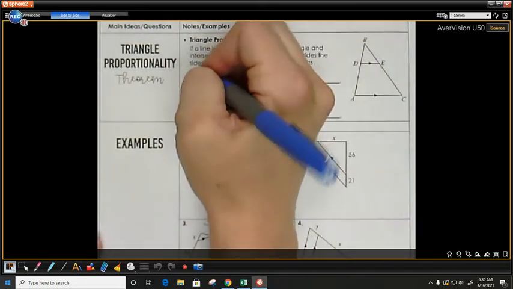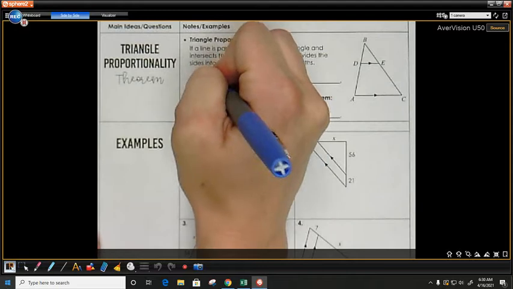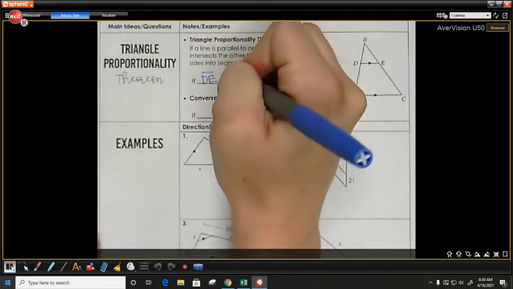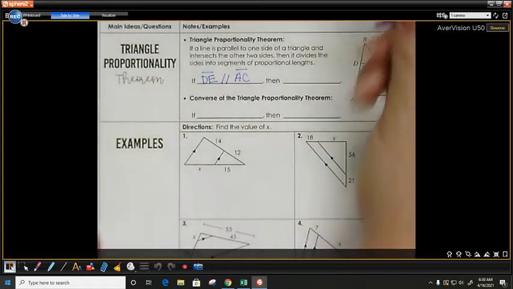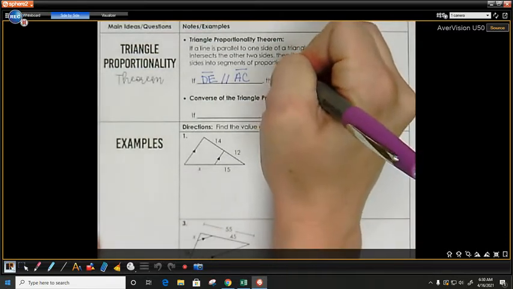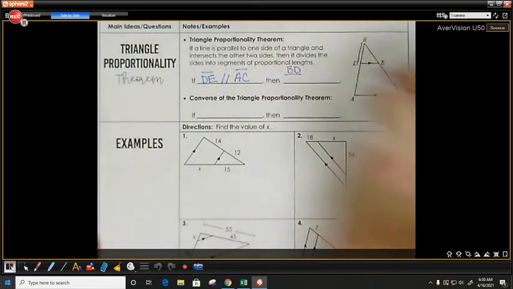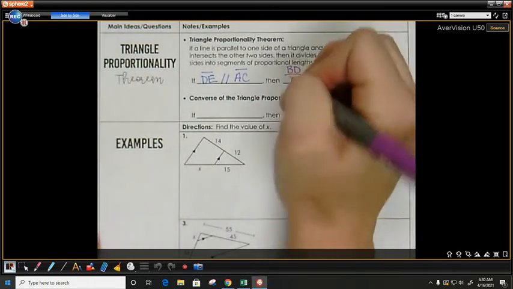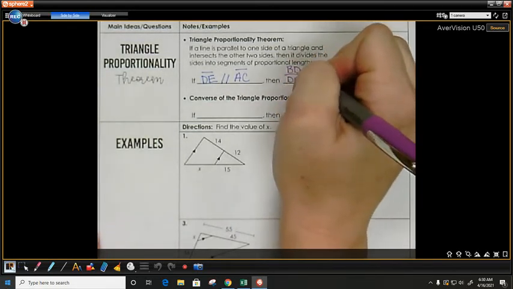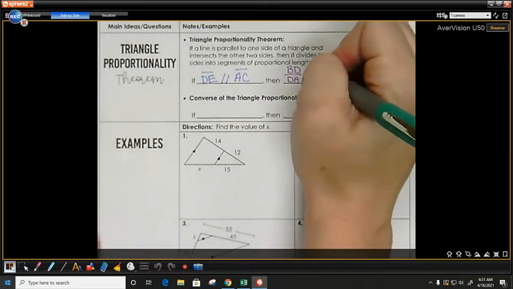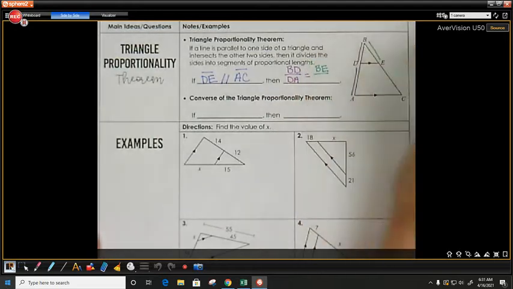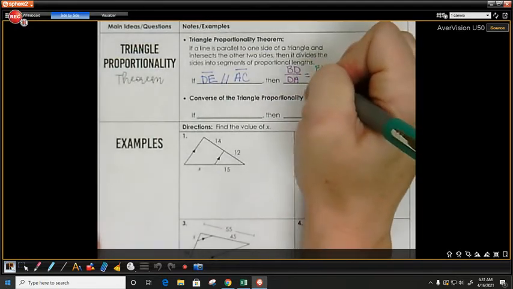So what it's saying is if line DE is parallel to line AC, which is shown on the diagram, then BD, this piece right here, over DA is equal to, or proportional to, BE over EC.